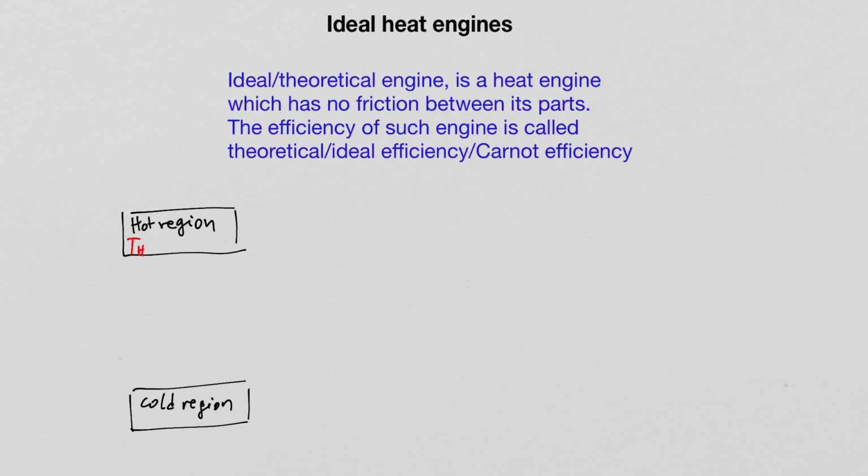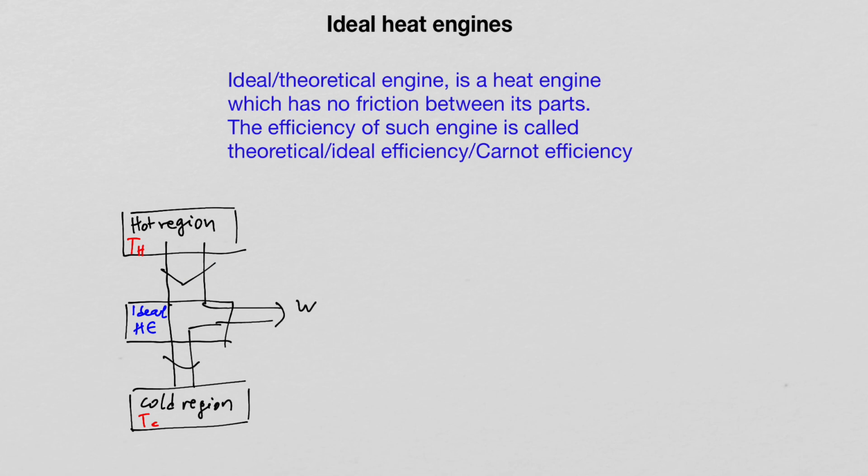So this is the temperature of the hot region. Then the cold region is also characterized by a certain temperature, and that will be the temperature of the cold region, TC. And then the ideal heat engine is placed in between the two regions. So again, heat comes in from the hot region, it converts into work, and then what's left is exhausted into the cold region.